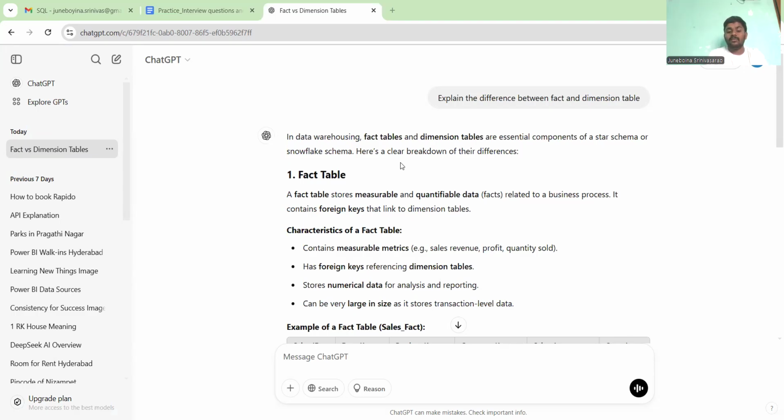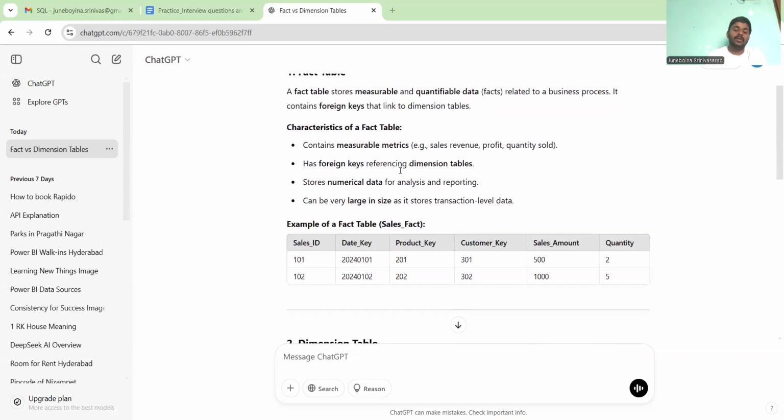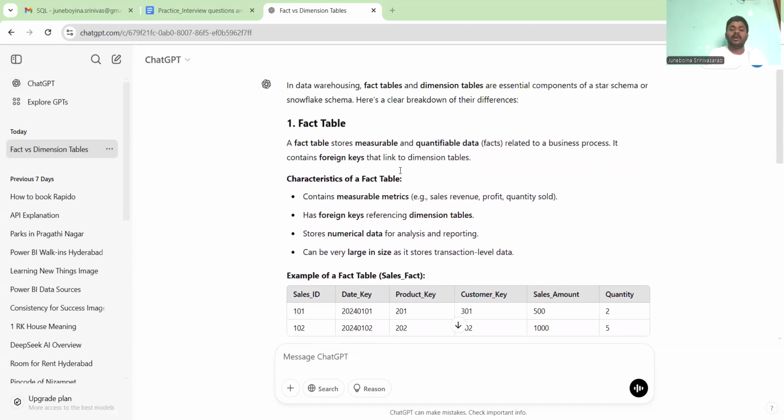So, in star schema and snowflake schema, fact and dimension tables are important and essential components in data warehousing. Here is a clear breakdown of their differences. Fact table. A fact table stores measurable and quantitative data related to a business process.